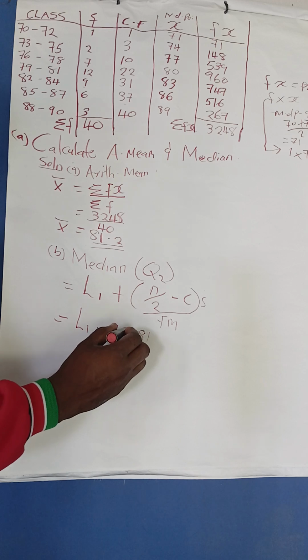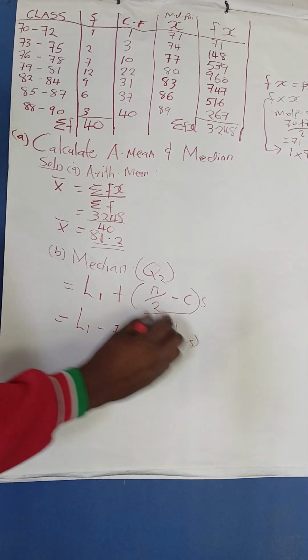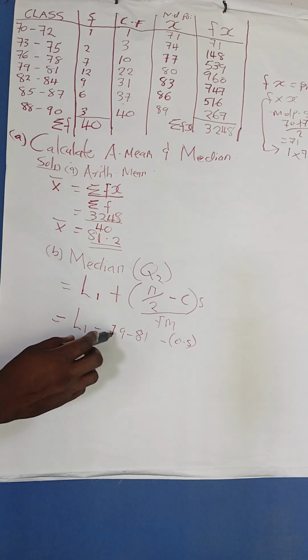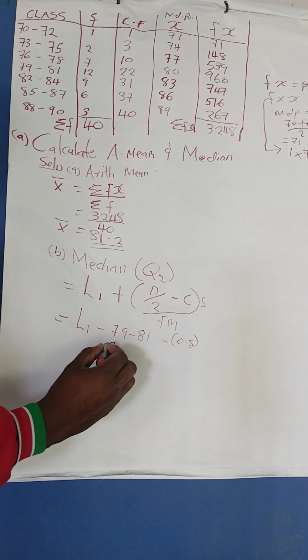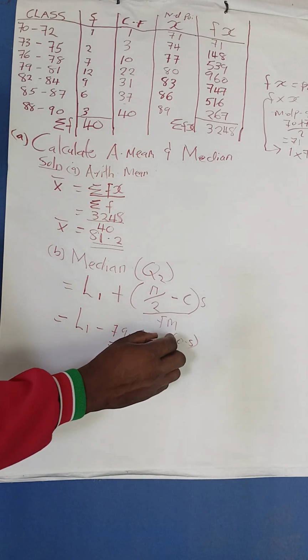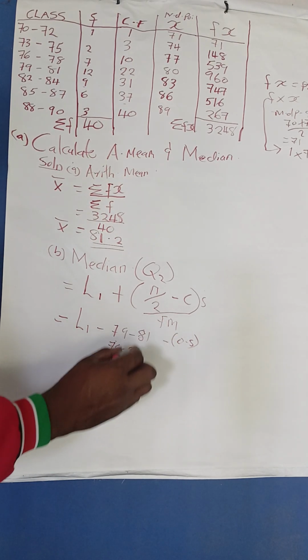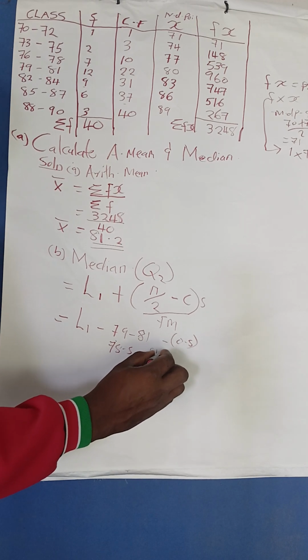You subtract this value from 79, and you will have 78.5. Then the same smallest value, you add it to 81, and you will have 81.5.